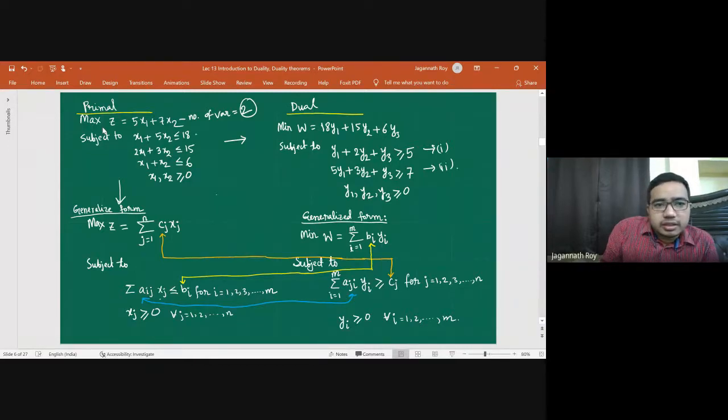And here, equation 1, 2, constraint 3, so there are 3 constraints. So the number of variables in the dual will be 3.